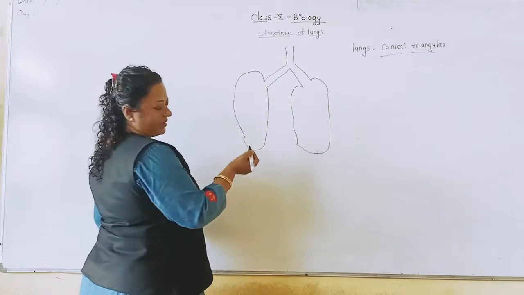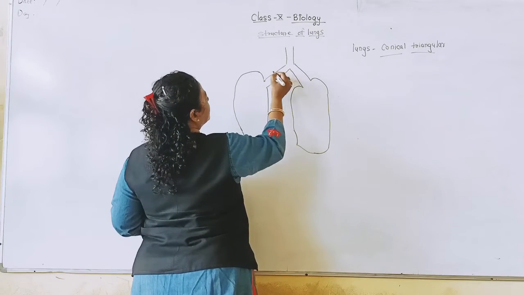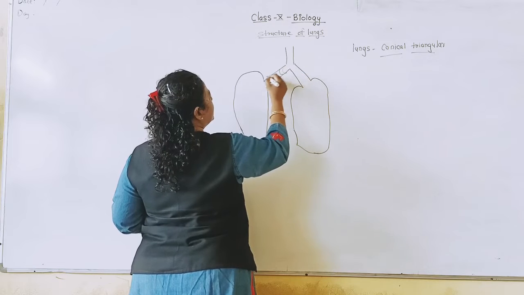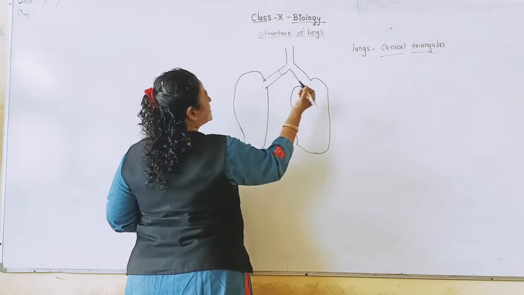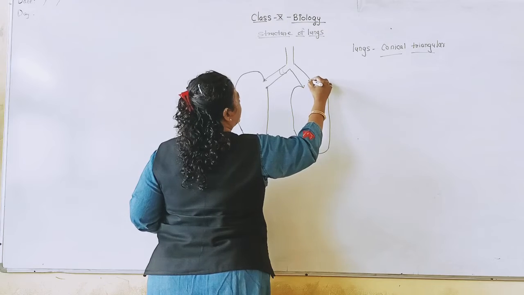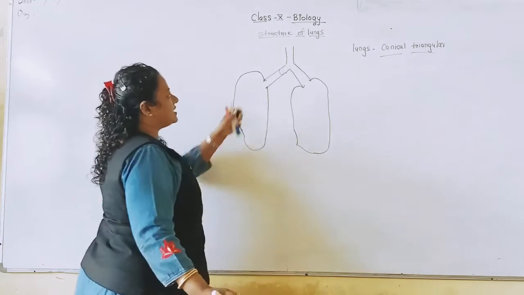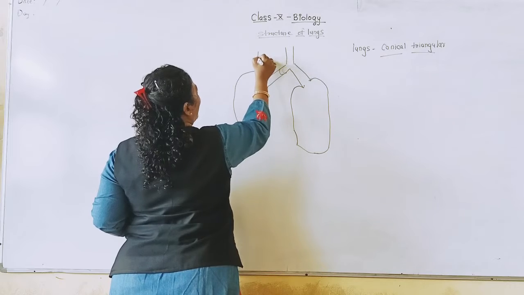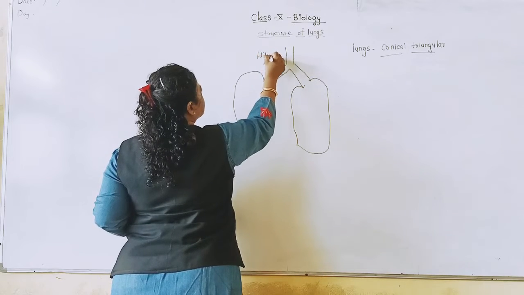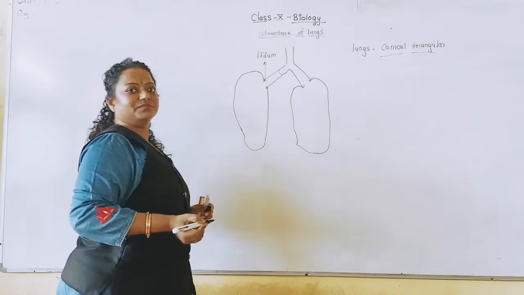And the bronchi, this part which is entering into the lungs is V-shaped, and the part is called the hilum.